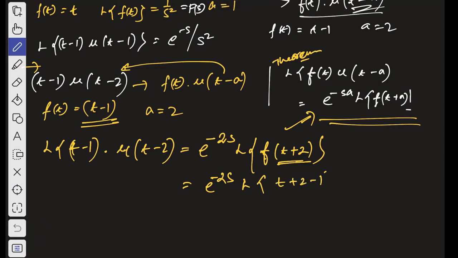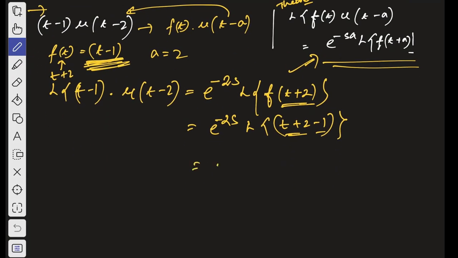Laplace transformation of t plus 2 minus 1, right? If you replace t by t plus 2, instead of t minus 1 you will get t plus 2 minus 1. So our result will be e to the power minus 2s Laplace transformation of t plus 1.